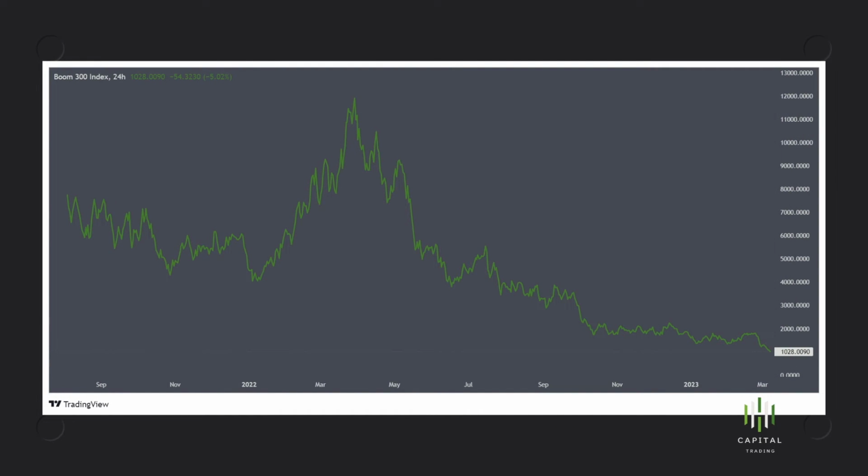This is boom 300. From our source of this chart, boom 300, we stand to be corrected, was formed in May 2021. So we started this chart from May 2021 until the current market condition.